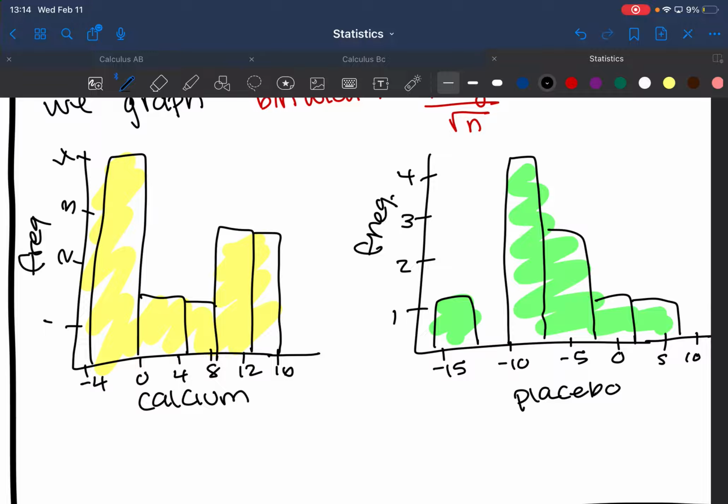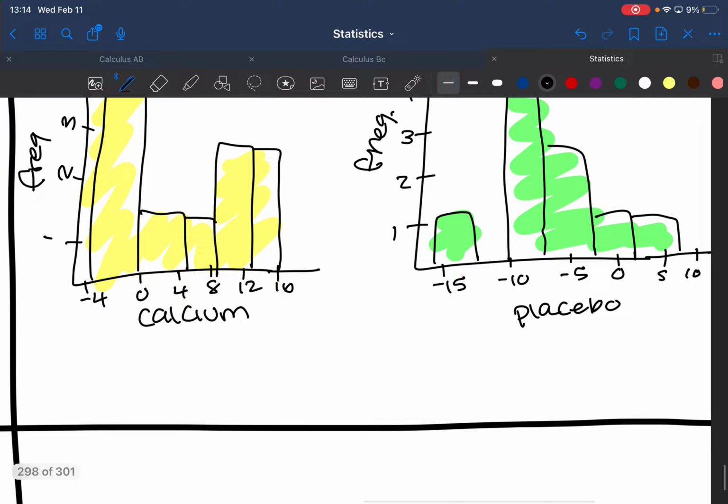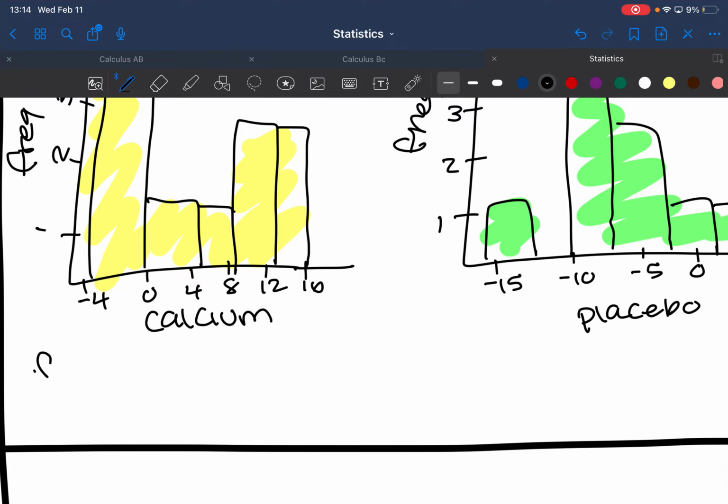Okay. From here, this will give us T star and our p-value. Yes, it will also give us the degrees of freedom, but remember, where do we write that?